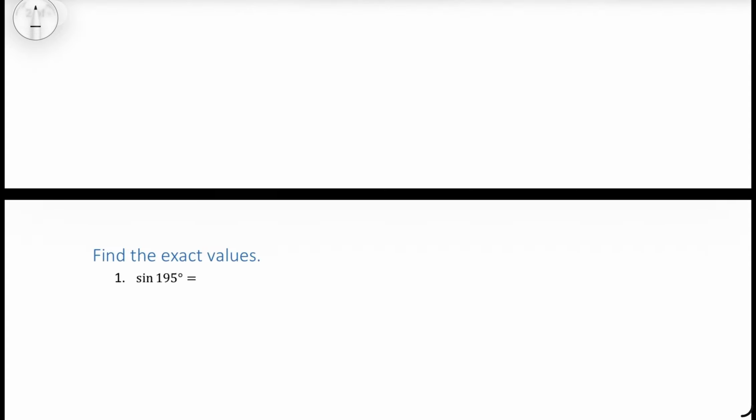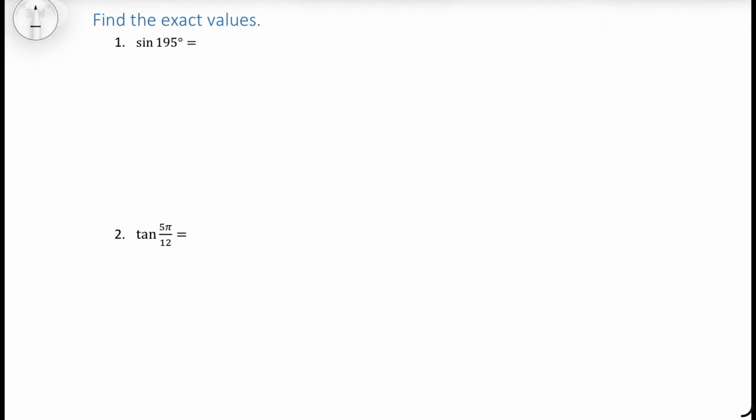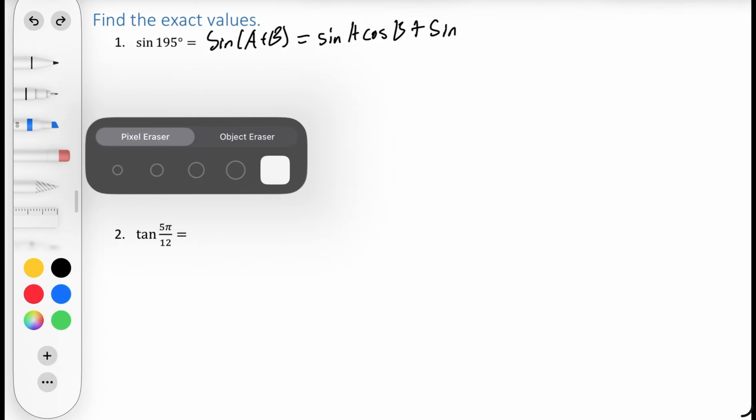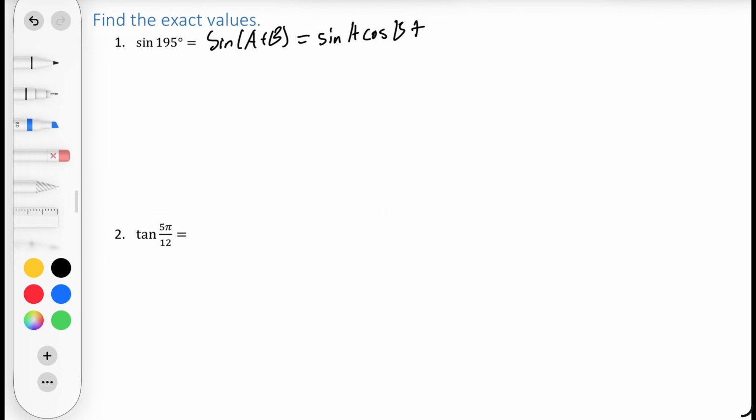Now for question 1 of find the exact values. The question is sine 195 degrees. So we will use the formula sine of a plus b, which is sine a cosine b plus cosine a times sine b.